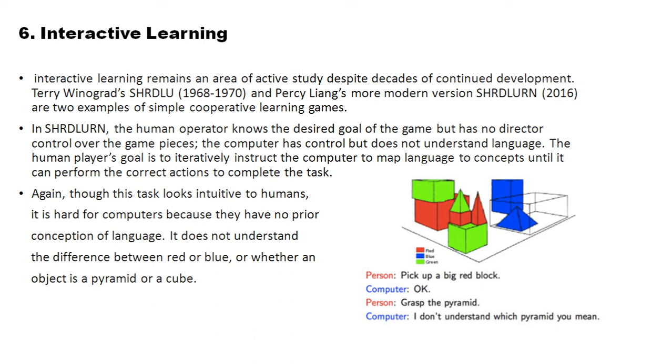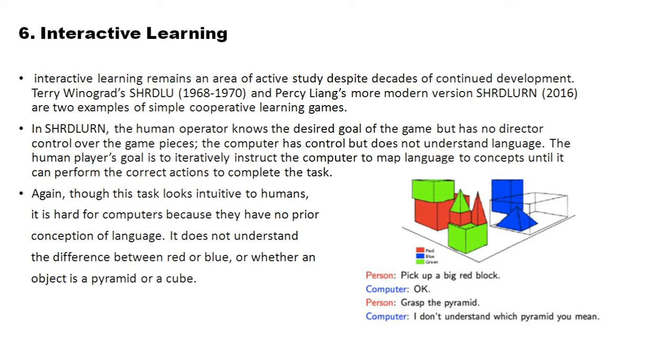In this, the human operator knows their desired goal of the game but has no direct control over the game pieces. The computer has control but does not understand language. The human player's goal is to interactively instruct the computer to map language to concepts until it can perform the correct actions to complete the task.